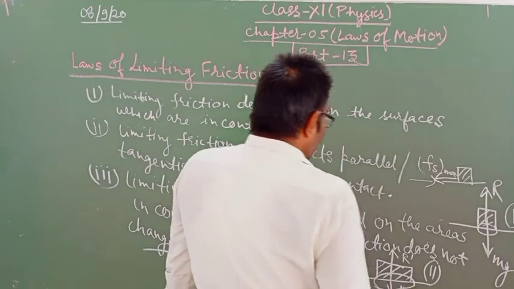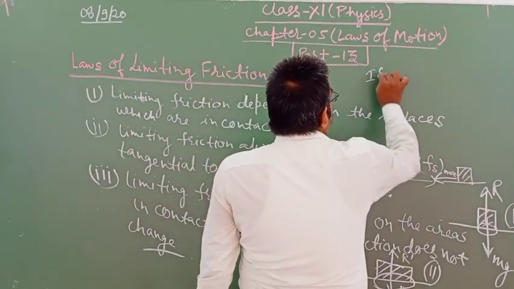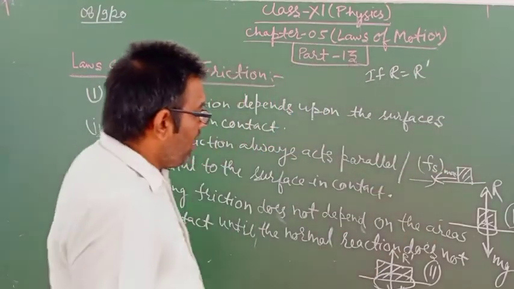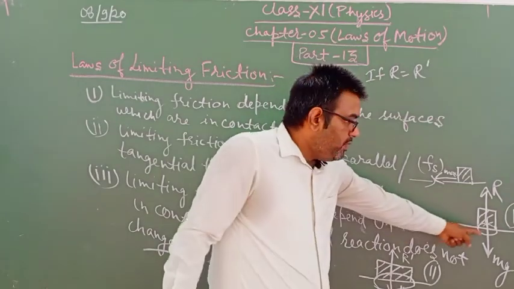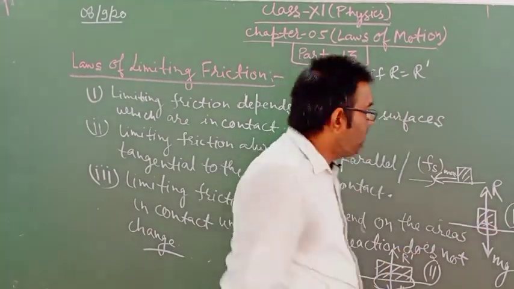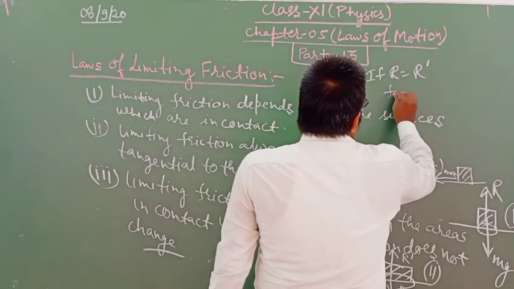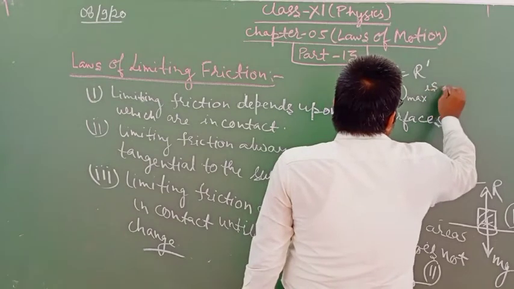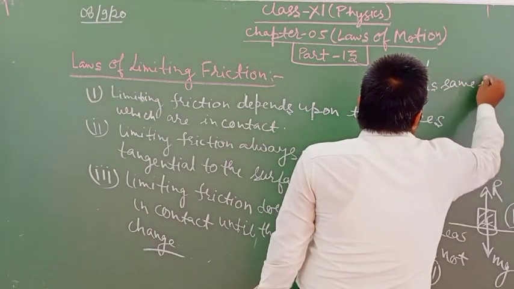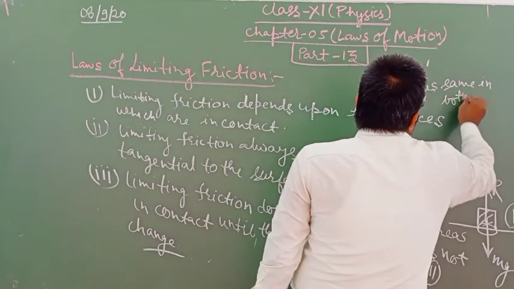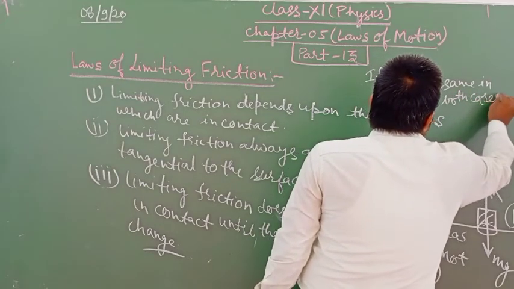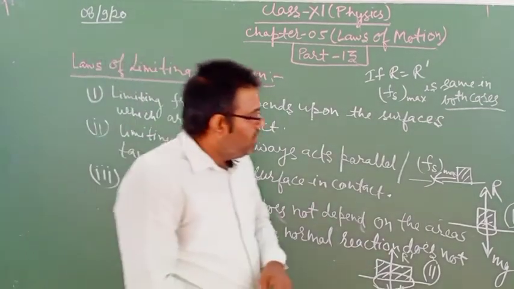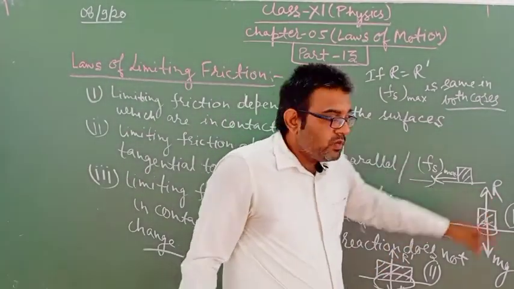If R is equal to R dash, which means both the blocks are of the same weight, then the value of limiting friction Fs max is the same in both cases, until the normal reaction changes.